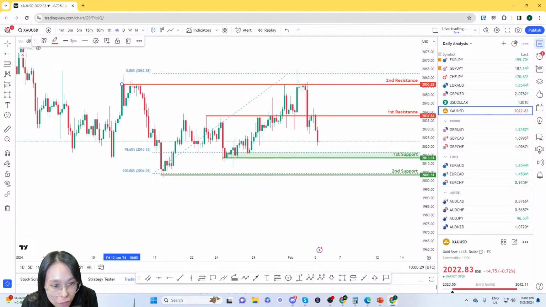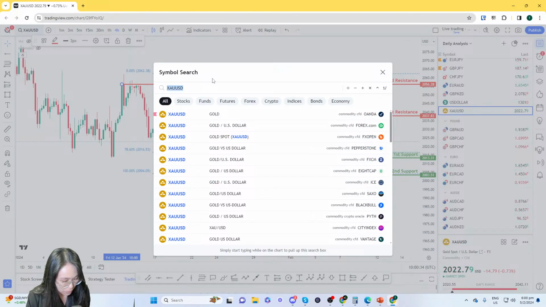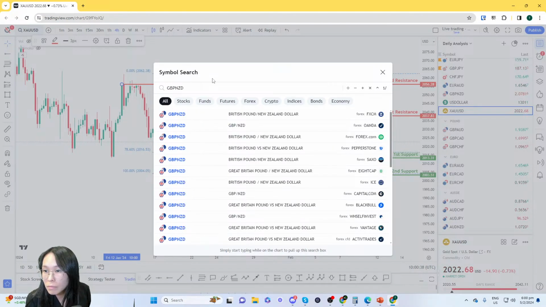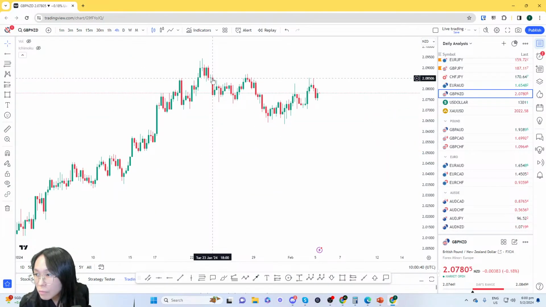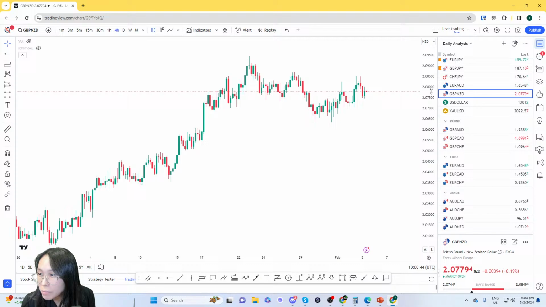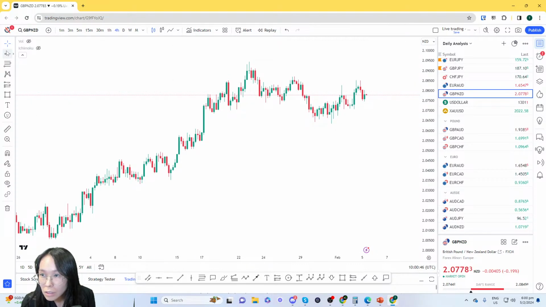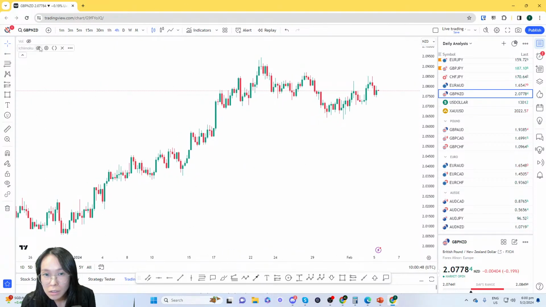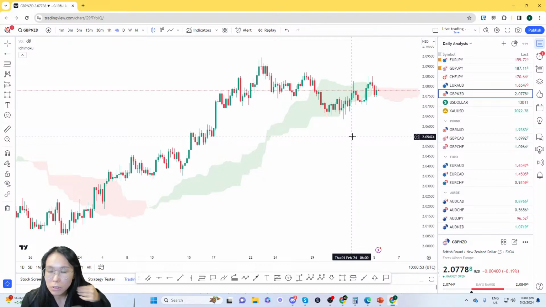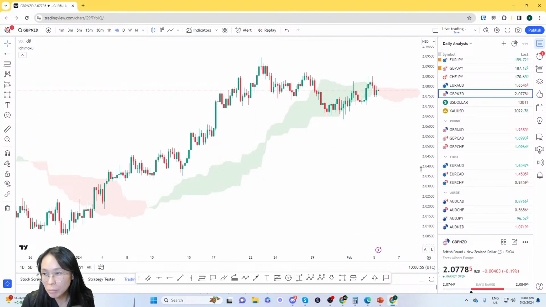And I also have GBP and NZD, once again on the H4 chart. On the Ichimoku cloud, you can see that the price is coming down.